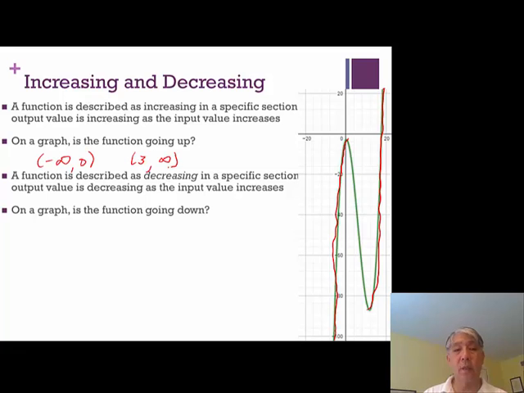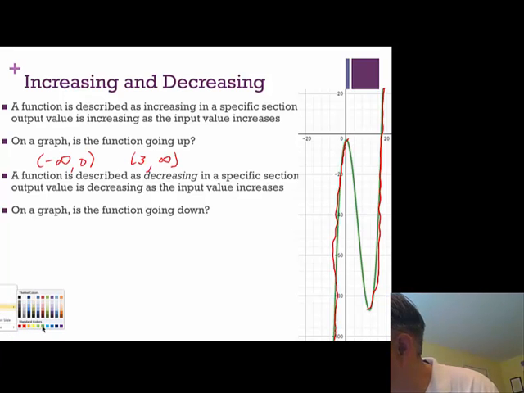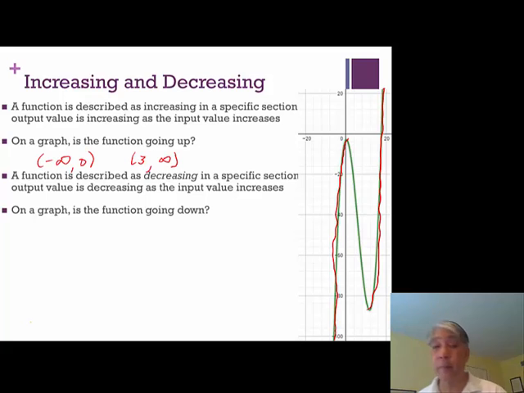Similarly, I can describe it as decreasing. So this could be decreasing here. Let's choose a different color. How about red? No, I just used red. Let's choose yellow. In this region here, it's decreasing because as I move to the right, my f of x gets smaller and smaller.